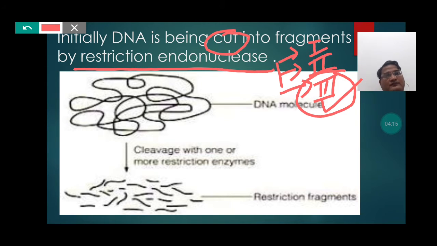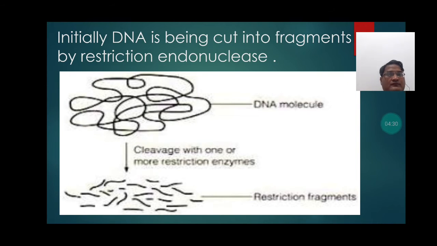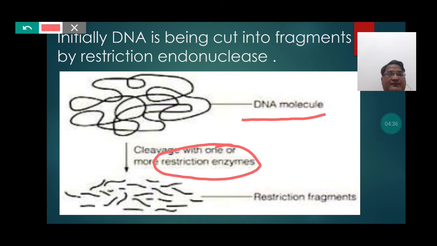So students, we can understand the first process of the gel electrophoresis, where we can notice in this picture that the DNA, which you can here also see students, is further with the help of the restriction enzyme has been cut into huge number of small fragments, which are also called as restriction fragments.